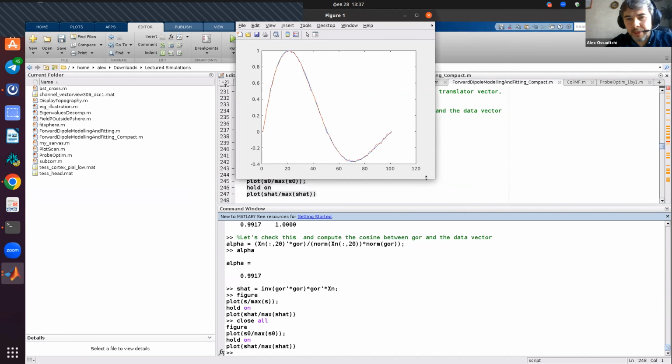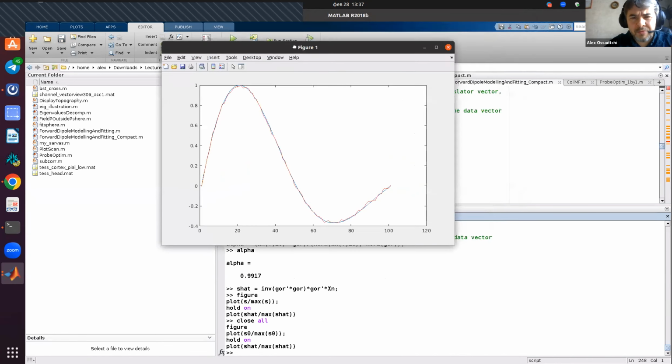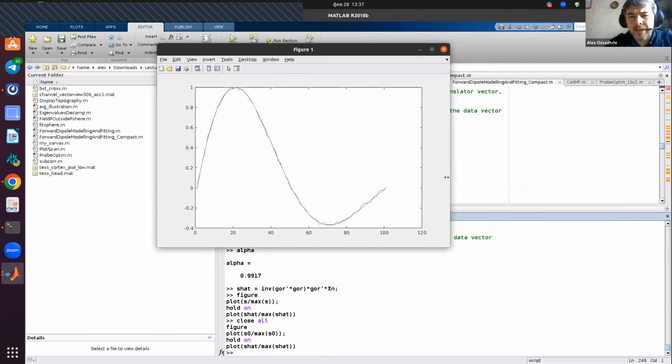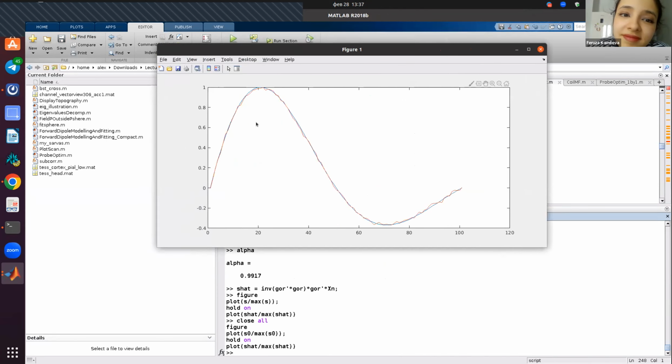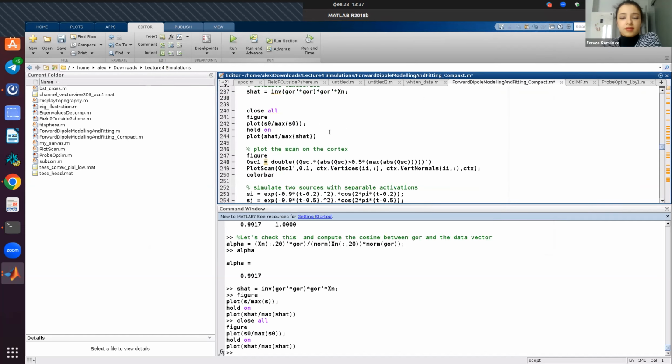Okay, so see. I normalized them to avoid some normalization issue, but I forgot, ignore it for now, because it depends on the amount of noise and so on. But anyway, here the blue one is the true one and the red one is the recovered one. So you found this location and you found the time series. Very nice. But that was very simple because it was only one source. It was basically a no brainer. There was nothing to do.